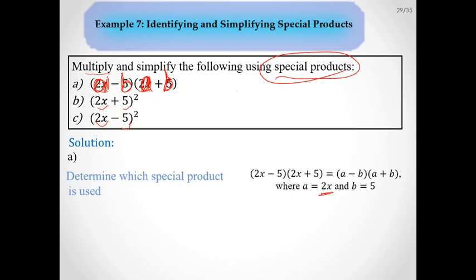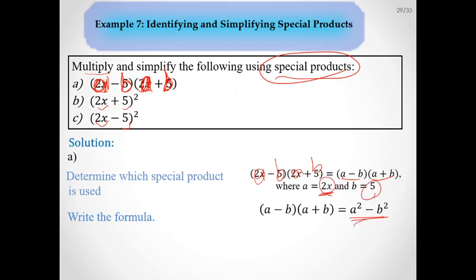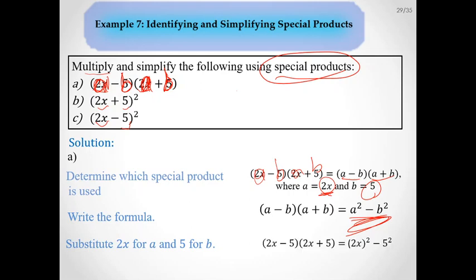So if 2x is A and 5 is B, this is A minus B times A plus B, so you end up with this product. And we know the formula for this product. So then we substitute 2x and 5 in this expression. It's better you put them in parentheses, and then you get this one.